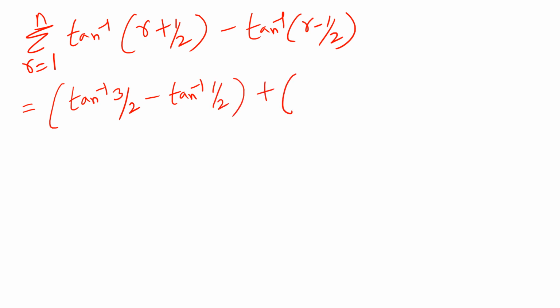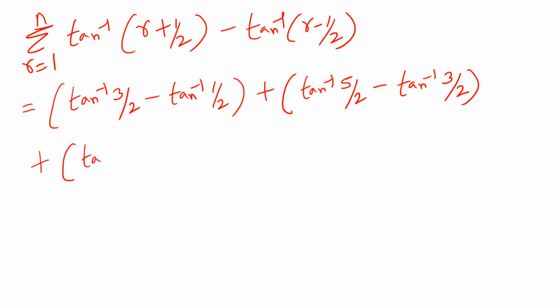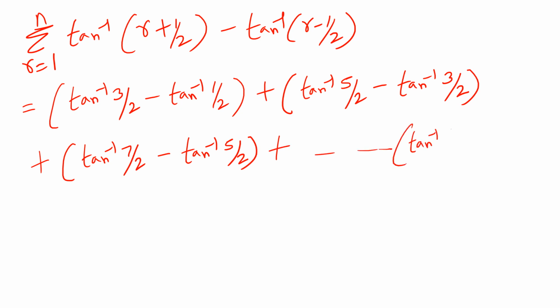The second term of the series becomes tan inverse 5 by 2 minus tan inverse 3 by 2 when we put r as 2. The third term of the series becomes tan inverse 7 by 2 minus tan inverse 5 by 2 when we put r as 3. And the nth term of the series becomes tan inverse n plus half minus tan inverse n minus half.